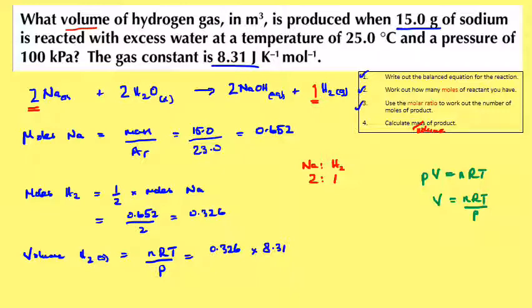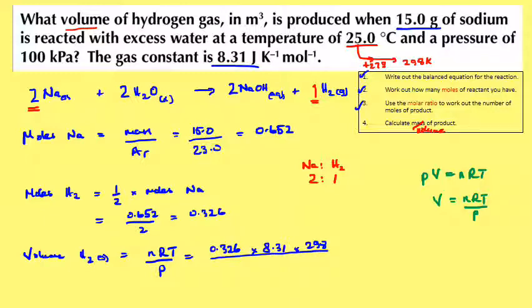Our temperature has got to be in Kelvin, so take this 25, and you remember we add 273 to it to get Kelvin. So that's going to be 298 Kelvin. We'll put our 298 in there.